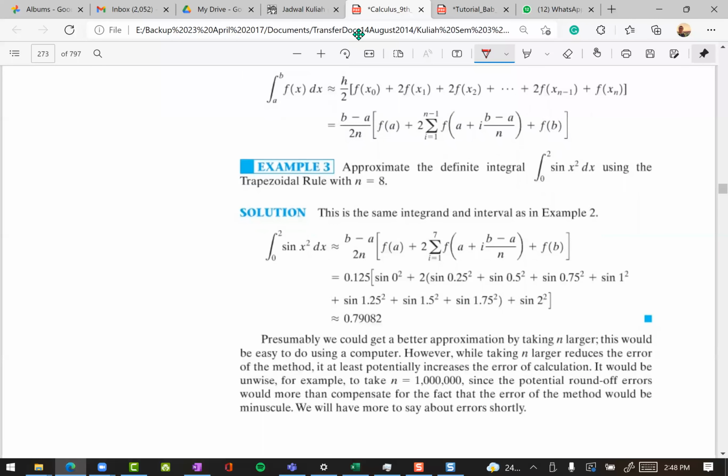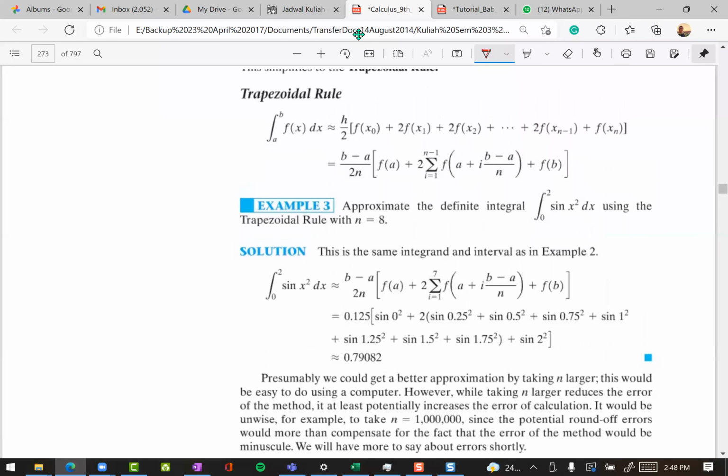Now if you use the trapezoidal rule, it's still the same problem. You get this: 1/2n, with n equal to 8, is just 1/8. You have eight points here, 1, 2, 3, 4, 5, 6, 7, 8, 9, because you have n plus 1 points.